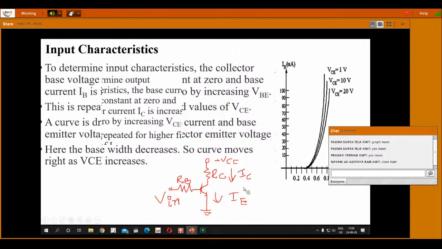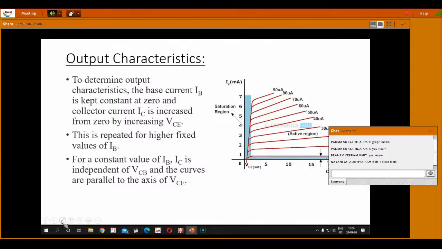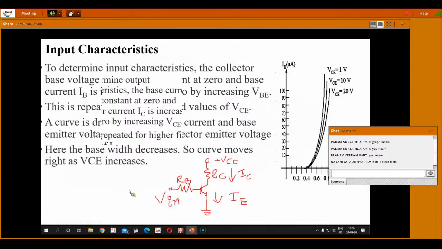Okay, right. Now if I apply KVL at the output loop, we have VCC minus IC RC minus the collector to emitter voltage VCE equal to 0.